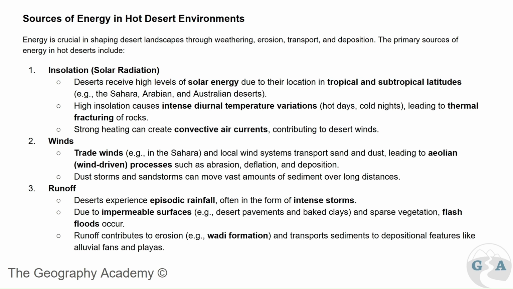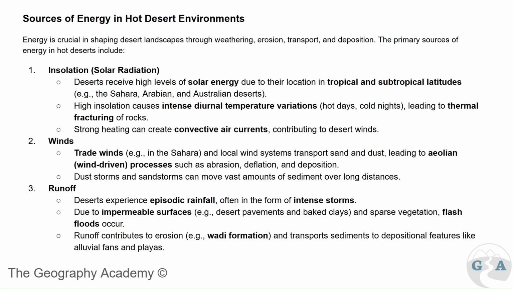This creates local winds that could be quite strong, and this creates aeolian transportation and the potential for wind erosion as well. So it creates things like dust storms and sandstorms, but in general, it is able to cause wind to move material as it picks it up.